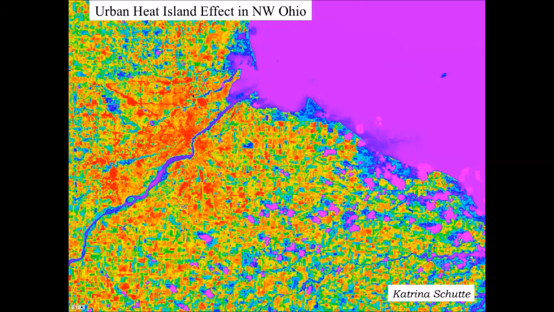And here's a thermal image from Landsat. And you can see how the downtown area is quite warm. It's red. And you have Monroe Street showing up nicely in red, and then the mall, nice and red. And then the areas around it are more blue. The clouds, of course, are purple.